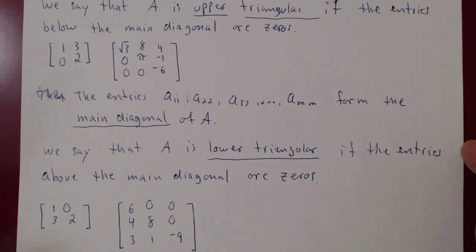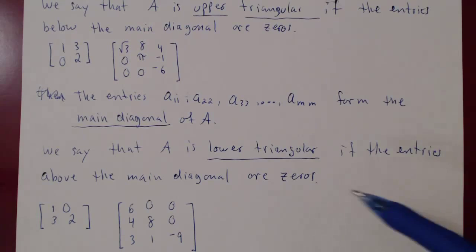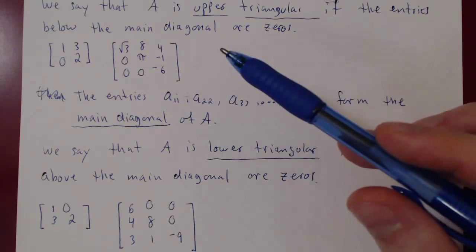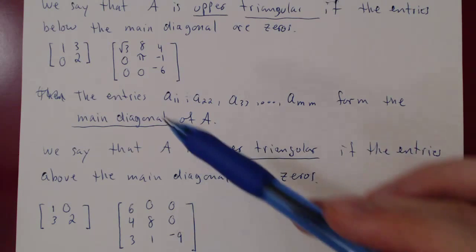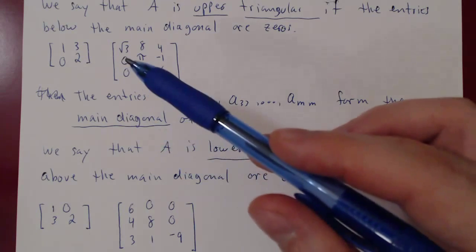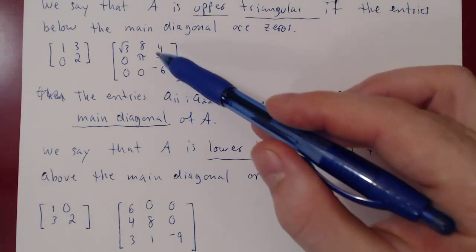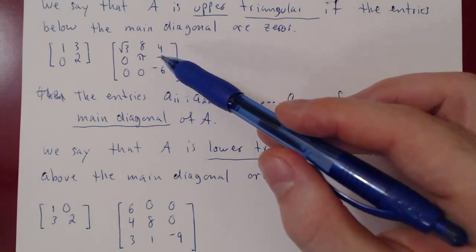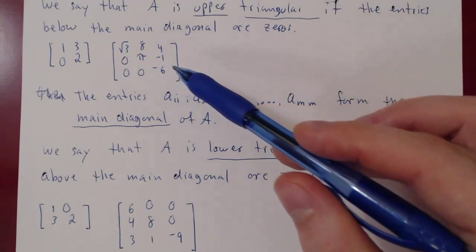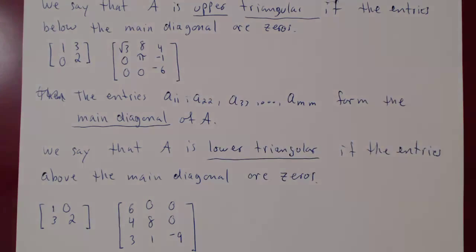Let's look at one last definition for a square matrix, and that is a diagonal matrix. And that's at the same time upper triangular and lower triangular. So everything below the main diagonal is 0, and everything above the main diagonal is 0, so all you have are possibly non-zero entries on the main diagonal.